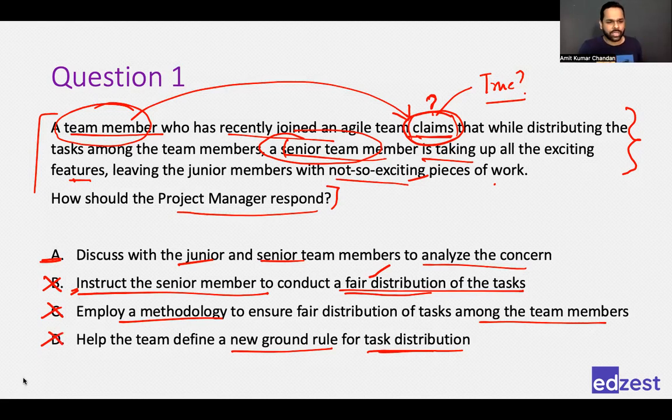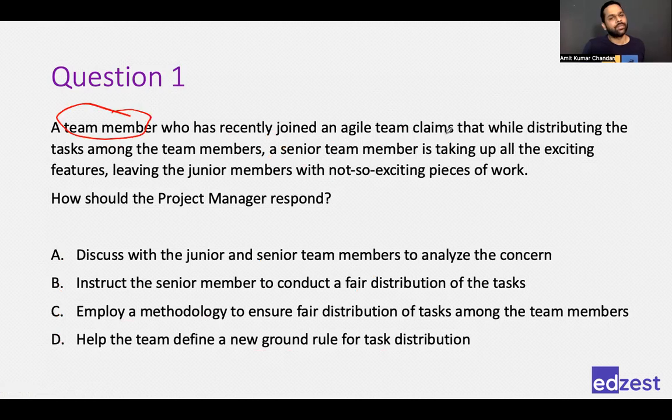So if you look at this question, the question is saying that the team member claims that the distribution is not proper. Option B, option C, and option D say that, okay, we have agreed to it, and that's why we are taking the decision. While option A is saying that, okay, it's a claim, let us verify that. Let us understand a little bit more about the concern.